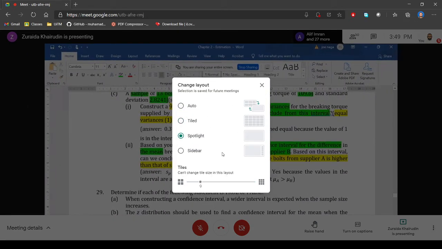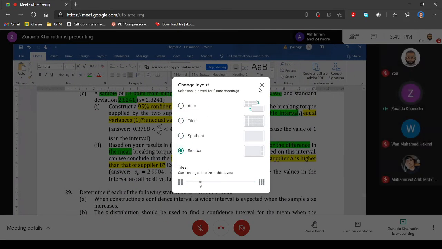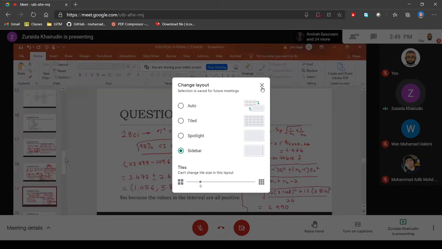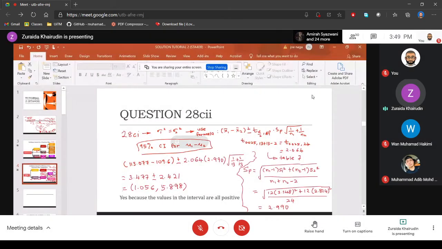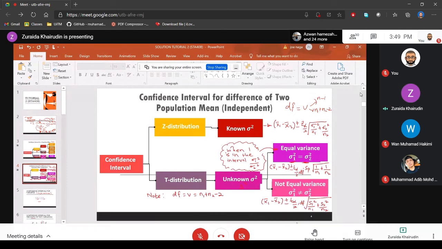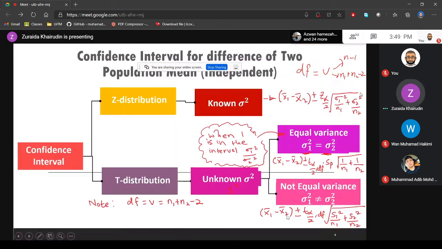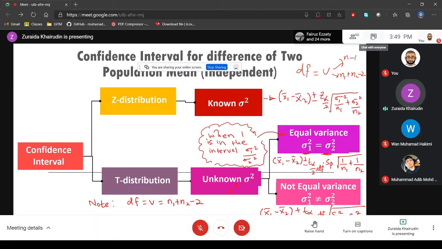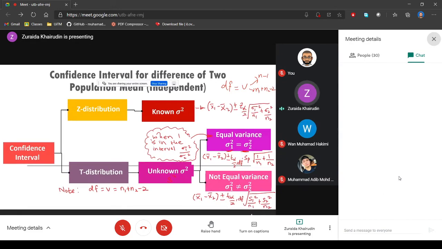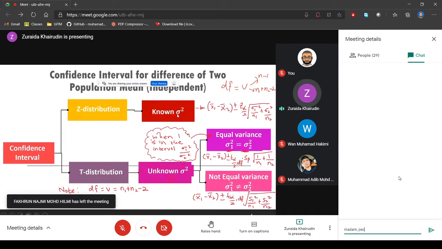What's the difference? Okay, so you check. You don't have to memorize this formula. Formula is already given. So for physical class also we give you this formula, but you have to know lah which formula you need to choose. Okay. So which formula you need to choose? Okay, just now you said you don't have any information on sigma square. Am I right?